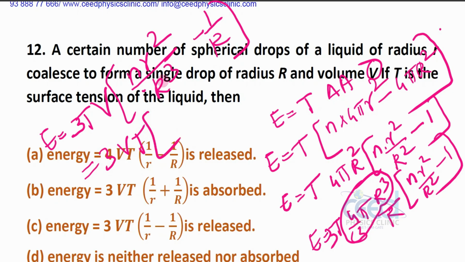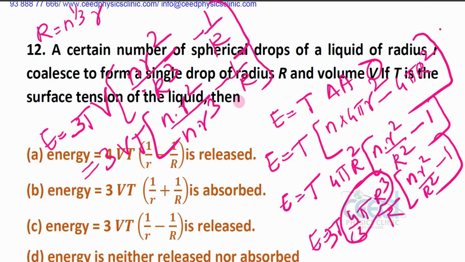This r cube, you know capital R is equal to n raised to 1 by 3 r, sorry, small r. So it comes as n into r square divided by n raised to 1 by 3 r the whole cube, that is n into r cube, minus 1 by r. Am I right?